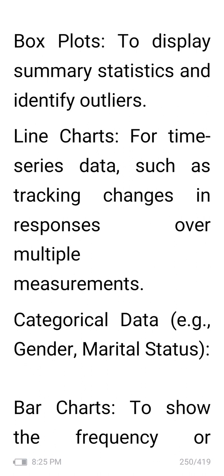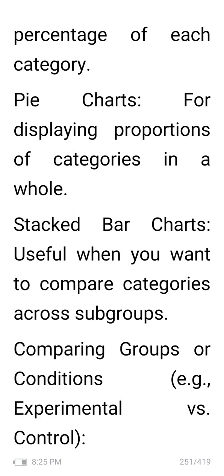Line charts for time series data. For categorical data, for example gender, marital status, we will be presenting bar charts to show the frequency or percentage of each category. Pie charts for displaying proportions of categories in a whole. Then stacked bar charts, useful when you want to compare categories across subgroups.